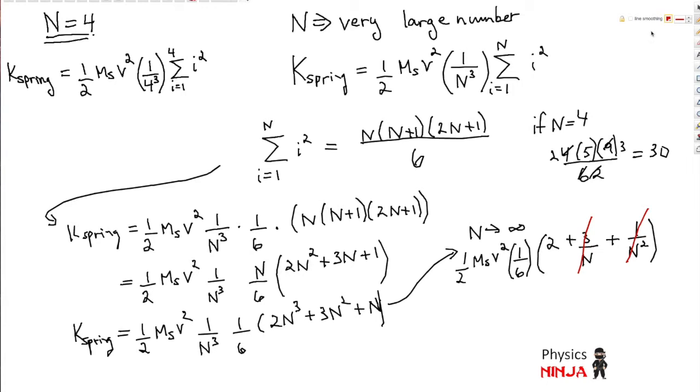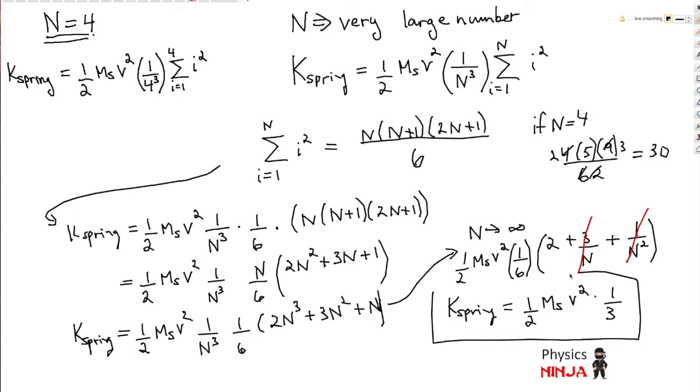So the final expression you end up having for the spring kinetic energy when n tends toward infinity is that kinetic energy of the spring, last equation here, is 1/2 ms v squared times 1/3. Here's our final expression for spring kinetic energy.